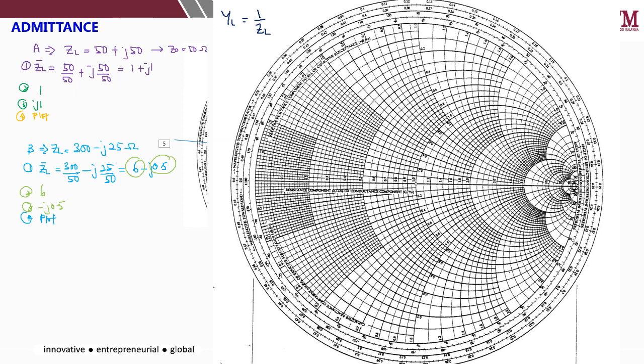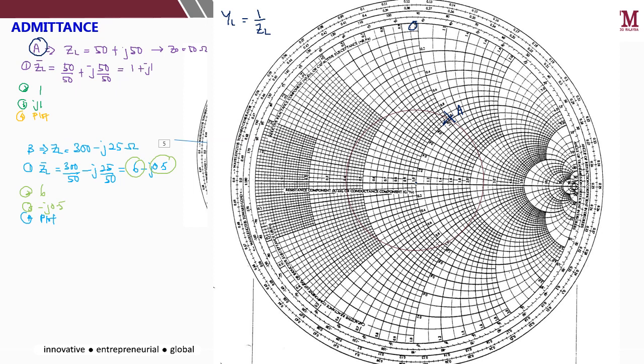So let's use the earlier example. You have point A, if you have ZL equal to 50 plus j50 ohm, so normalized ZL for A equal to 1 plus j1. So 1 here plus j1. So the point A is there.